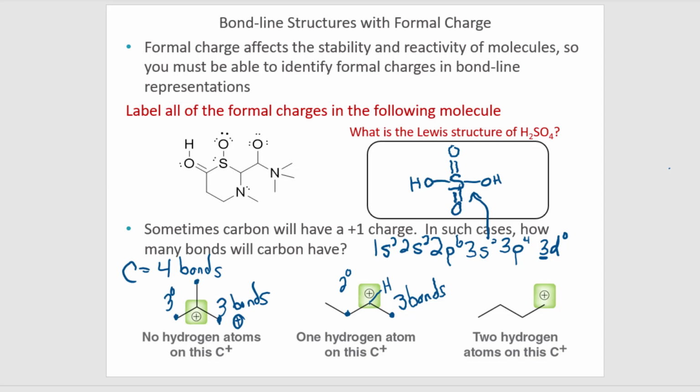And when the carbon is on the end, so you only see 1 bond, it still has 3 bonds, but 2 of them are assumed hydrogens. Because it's only attached to 1 carbon, it's called a primary carbocation. So I need you to get familiar with assuming hydrogens when you see charged atoms.